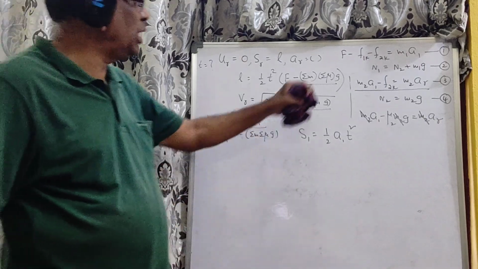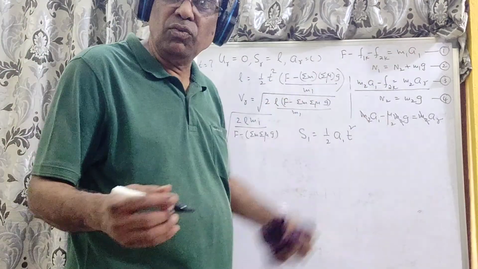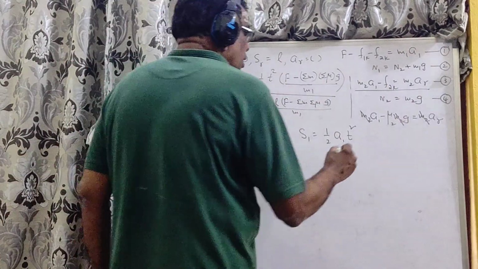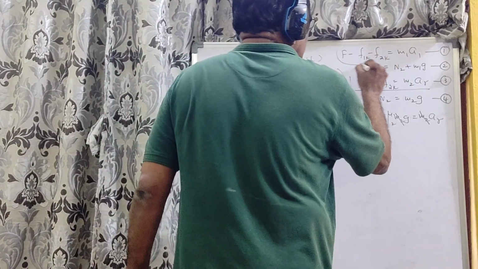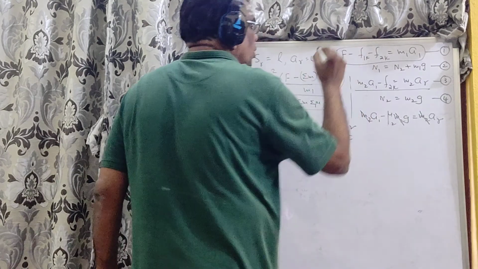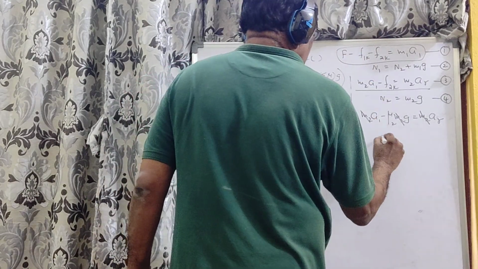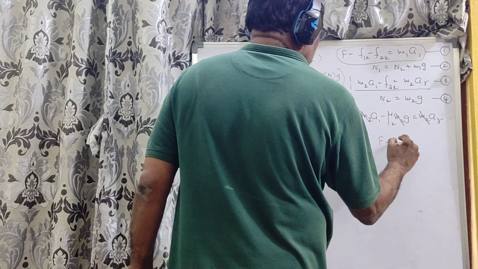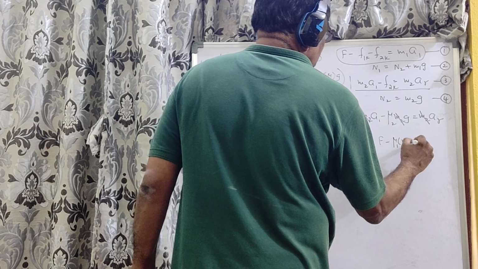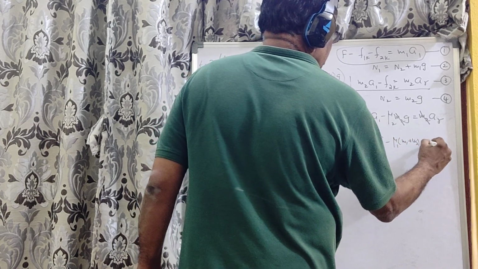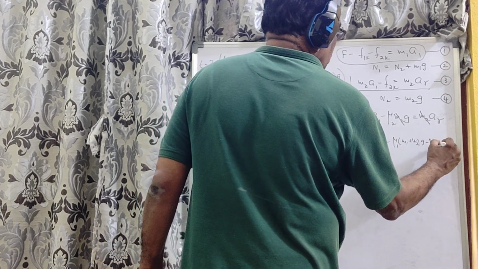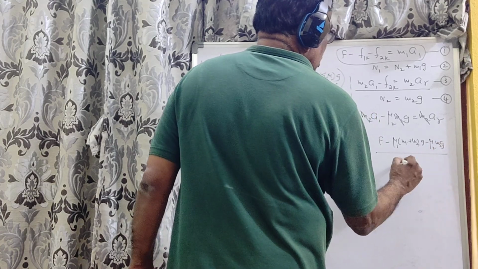Where is A1? A1 is this. You have to find out A1. How do you get A1? From this equation. So how do you get that? I'll write mu1 M1 plus M2 into G minus mu2 M2G.